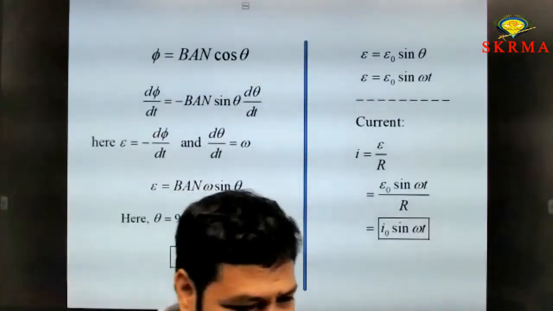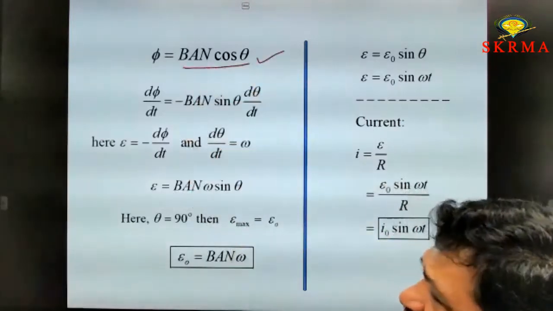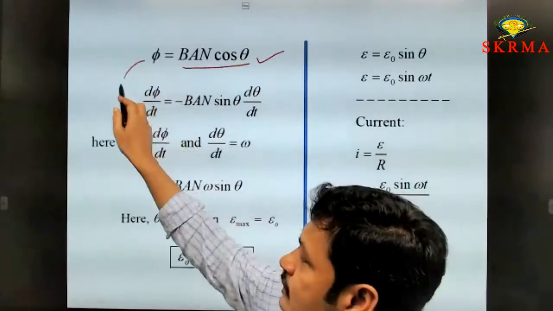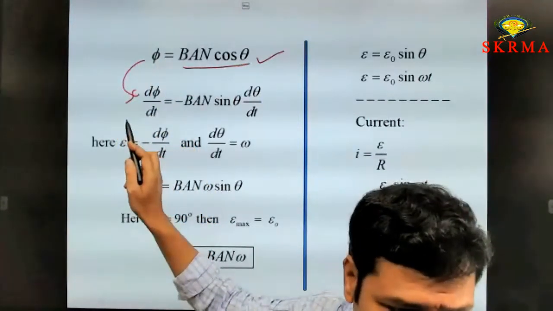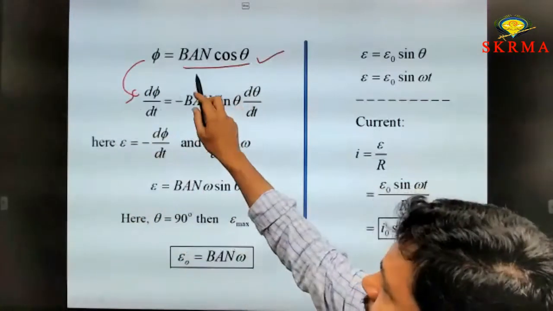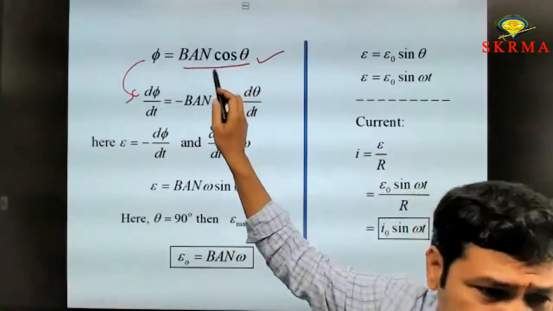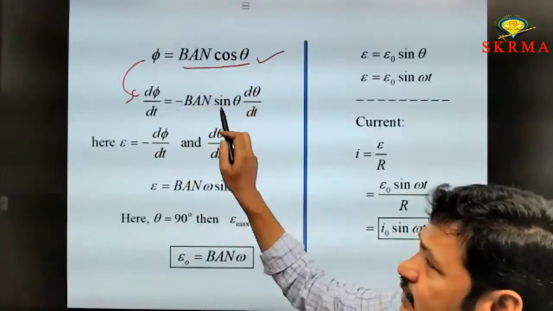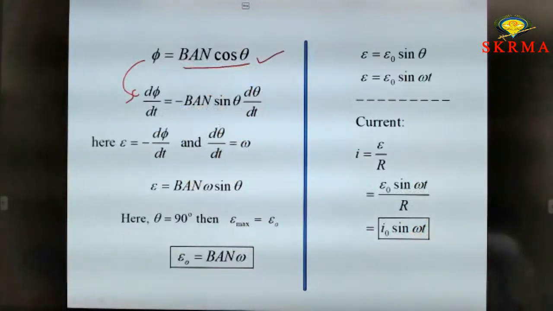Generally, what is the flux equation? Flux is BAN cos theta. If you differentiate both sides with respect to time, we get d phi by dt. BAN is constant. The differentiation of cos theta is minus sin theta, times d theta by dt, because theta is also changing here.